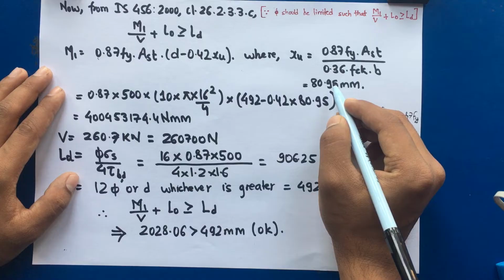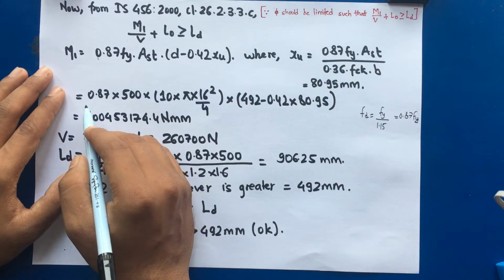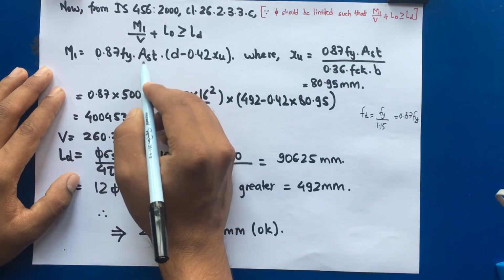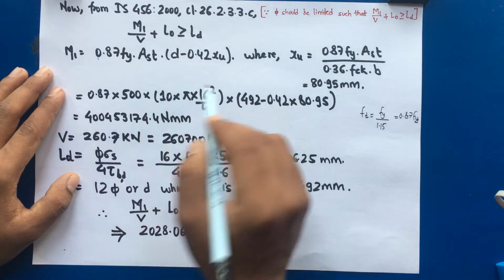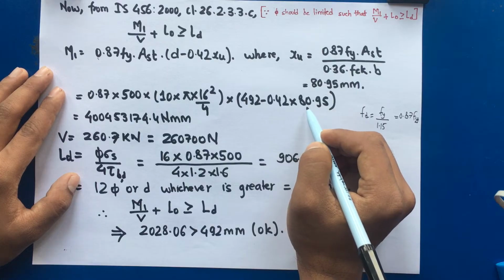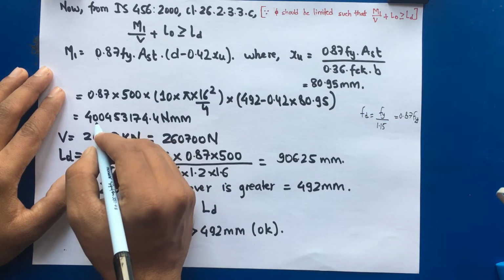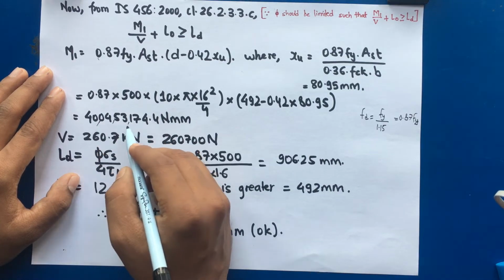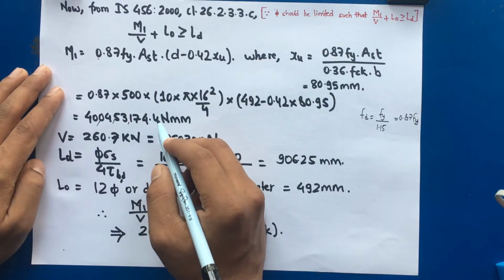So we get 80.95 mm, the depth of neutral axis. Similarly, substitute here: 0.87 into 500 into 10 into pi into 16 square by 4, which comes as 2010, into D is 492 minus 0.42 into 80.95, which we have already computed. Now this comes as 40045317.4 Newton mm. I am converting this into Newton mm.